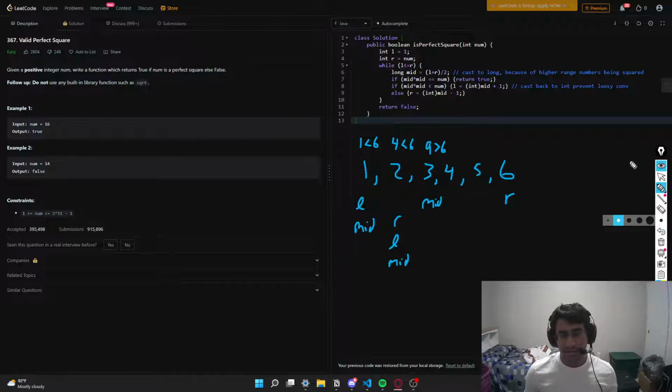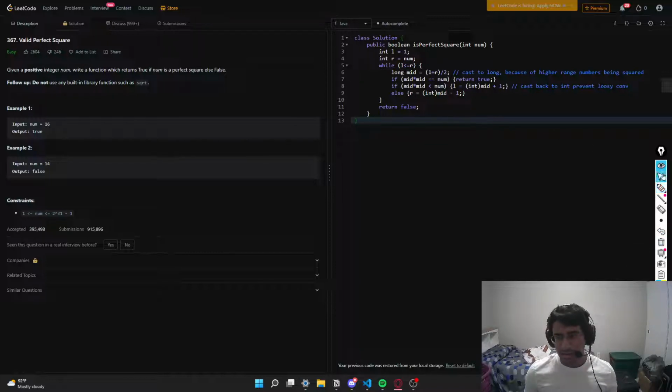So what I'm doing here is doing a loop while left is less than or equal to R. And then I'm going to use a long variable here, working with Java today. We want to cast to long because of higher range numbers being squared. So for example, 2 to the 31 minus 1, we divide that by 2, right? Because that would be the midpoint.